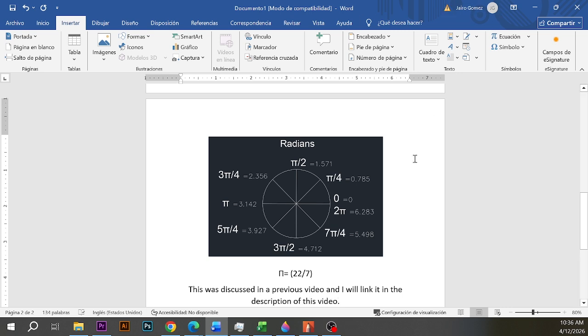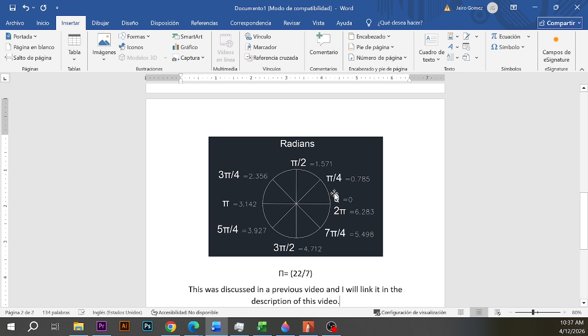So going back to the circle, since a circle has the same beginning and ending, if we were to cut the circle into 8 similar chunks, instead of 45 degrees, we could characterize it as pi fourths. So pi fourths, pi halves, 3 pi fourths, pi, 5 pi fourths, 3 pi halves, 7 pi fourths, and 2 pi.